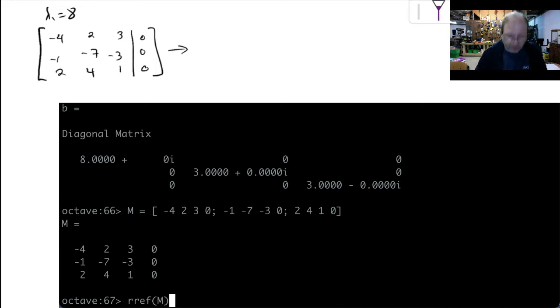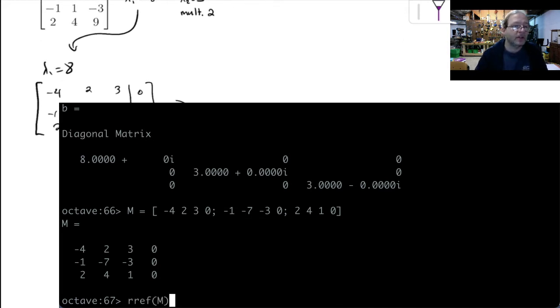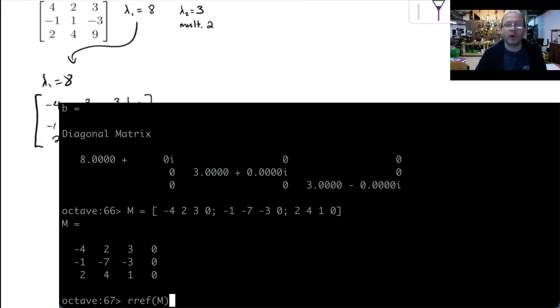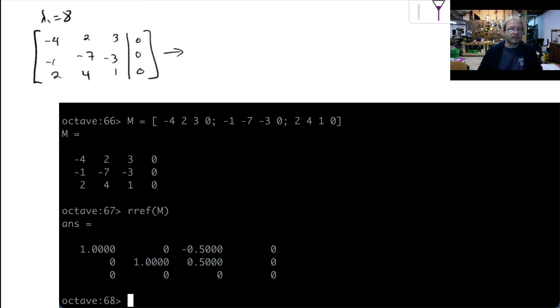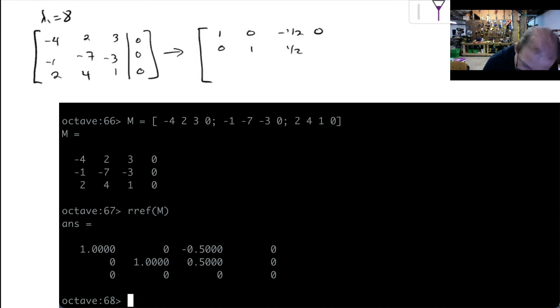Okay, this was for 8, so we're expecting to have only one free variable here. And sure enough, we do. Let's see, what is this? We've got 1, 0, minus a half, 0. 0, 1, positive a half, 0, and then a row of all zeros.